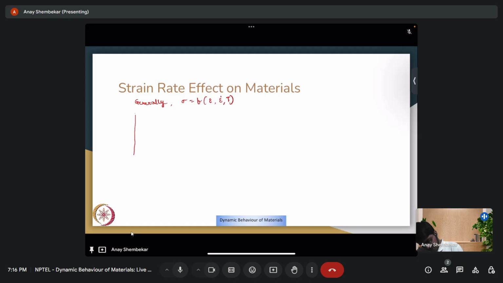First, you have a stress strain curve, which is a compressive stress strain, and this is for the aluminum 7075 T6 aluminum.